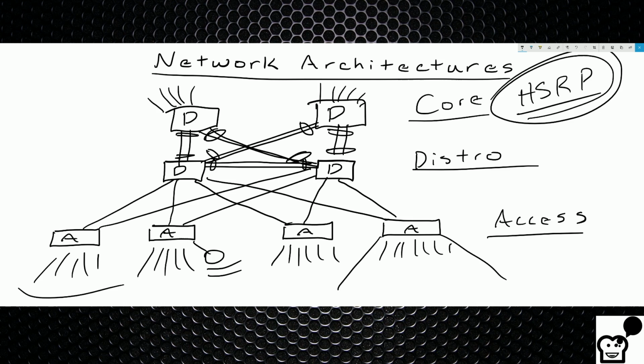Another note about the collapsed core is that sometimes, if you're getting on that edge where you're a little larger, you might want a core, but you don't really have it yet. Another option is to offload some of that processing down to the access layer and do what I mentioned earlier, layer 3 at the access layer. So you would make these routed ports instead of switch ports.